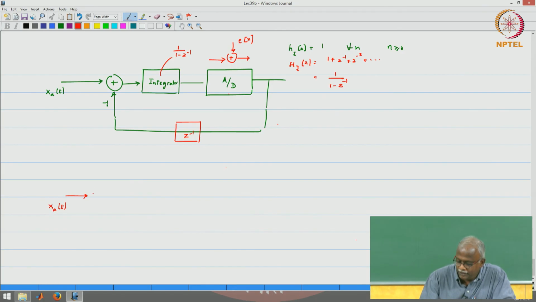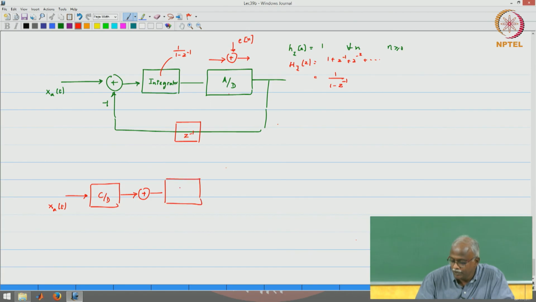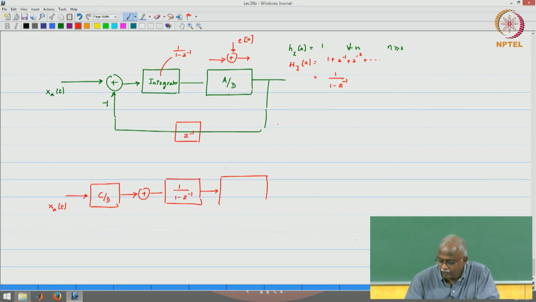xa(t) followed by a C to D, which is a perfect quantizer with no quantization error, and then an addition. So, this is the discrete time equivalent of what we have drawn there. The integrator is 1 over 1 minus z inverse followed by the quantizer.